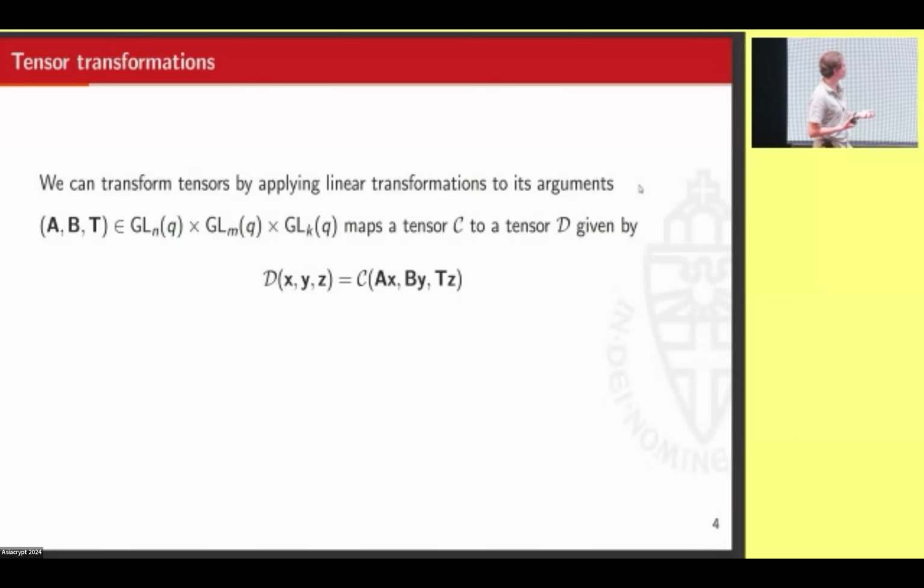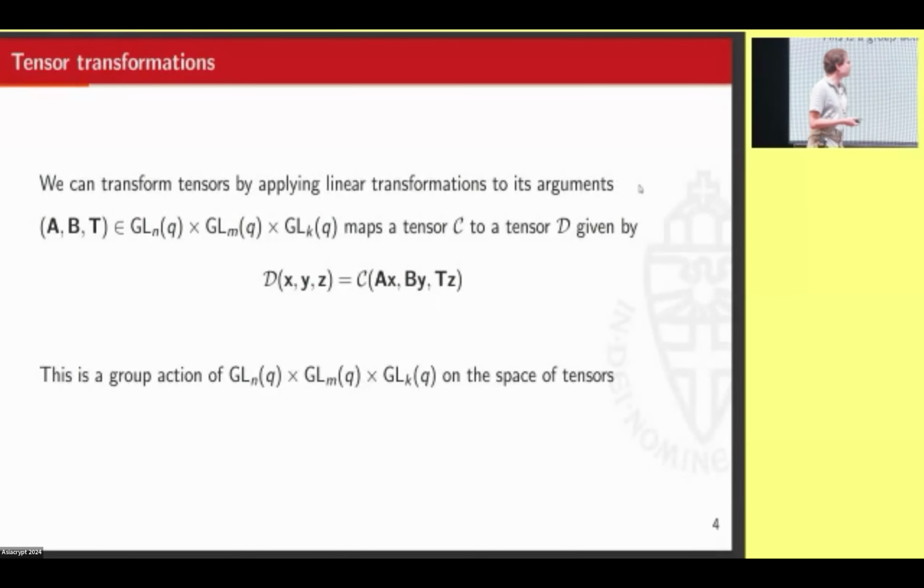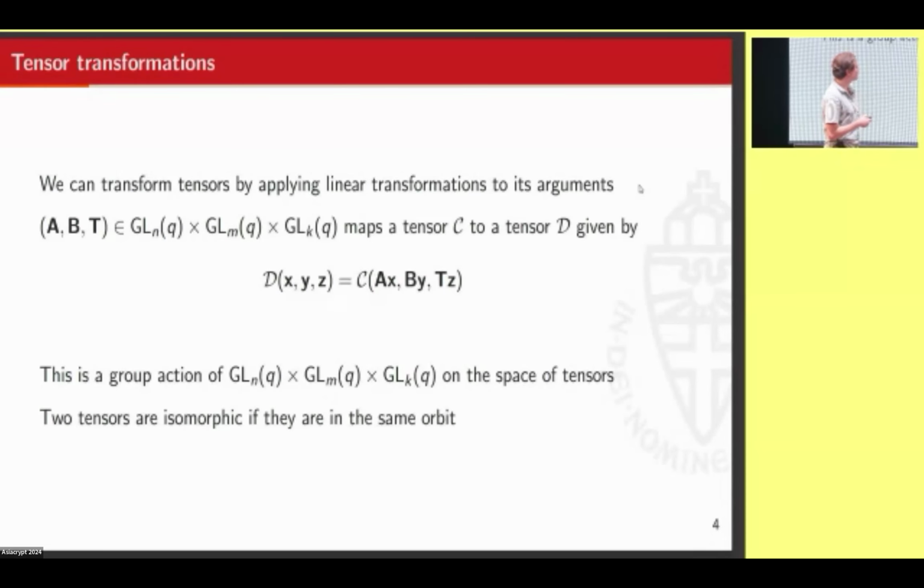So remember, this is a trilinear form, so we input vectors, we can transform these, and then we get a new tensor out of this, which we will call D in this example. And now this will be indeed a group action because we're looking only at invertible matrices. So this will be a group action on the space of tensors, and then we call any two tensors that are in the same orbit, in other words, if there is a group element mapping one to the other, isomorphic or equivalent in some sense.